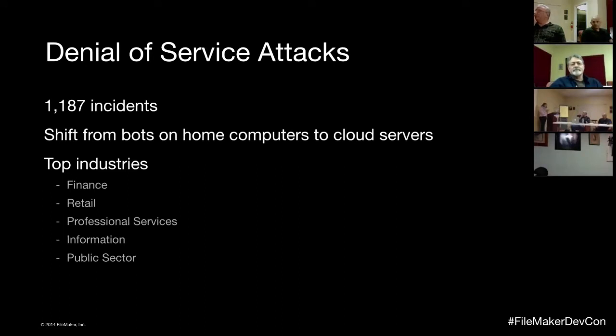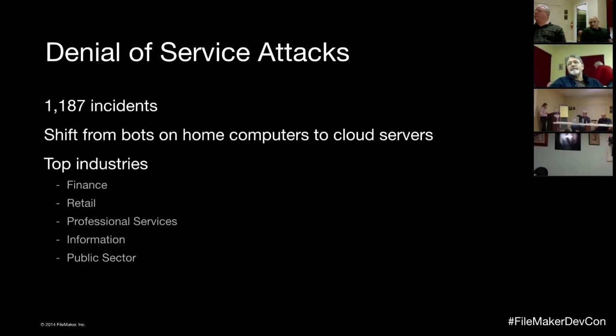Denial of service attacks are something that, again, targets financial, banks, the retail sector, the public sector. This is when attackers send a flood of traffic to a website to try and take it down. It continues to be a big problem and a risk for businesses.